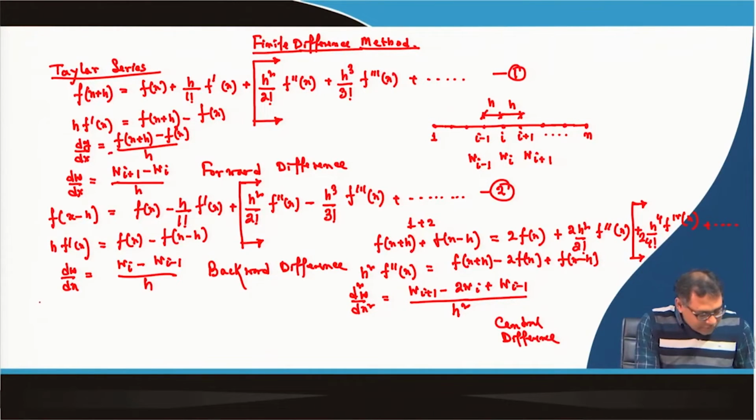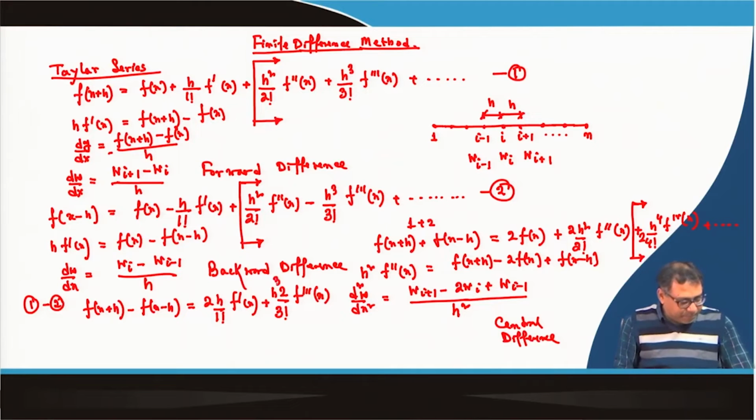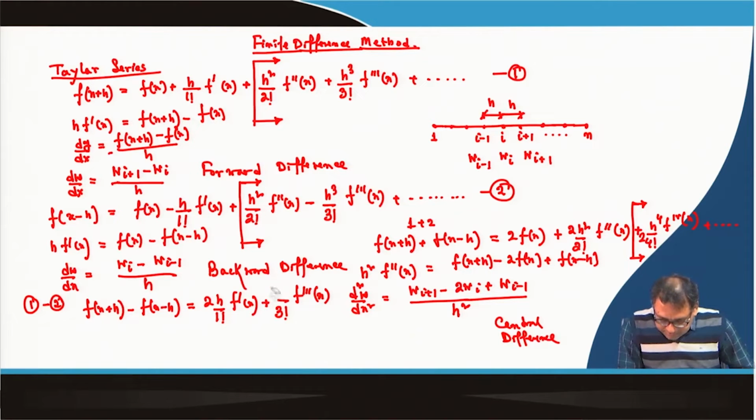Now, if I subtract 2 from 1, then I will get f(x+h) minus f(x-h), subtracting that, the first term will cancel. So, this will be 2h f dash (x) plus 2 by 3 factorial f3(x) h cubed.